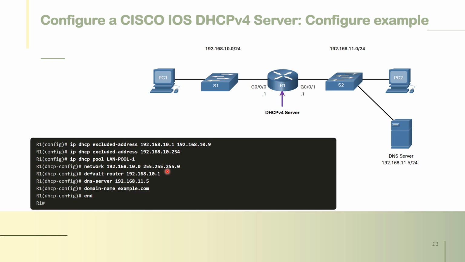And then we will configure even a default gateway of the router. The default gateway will be configured by the command default-router followed by the default gateway of the network, which means the IPv4 address of router 1's subinterface Gig 0/0/0.